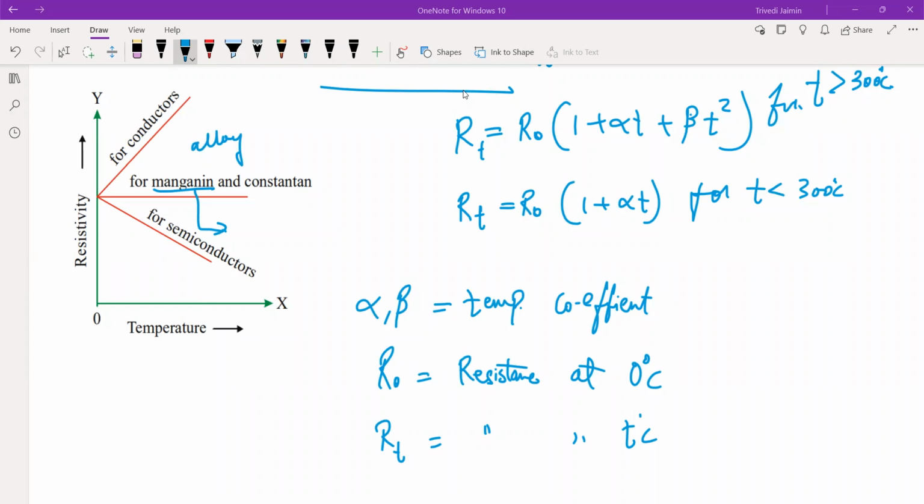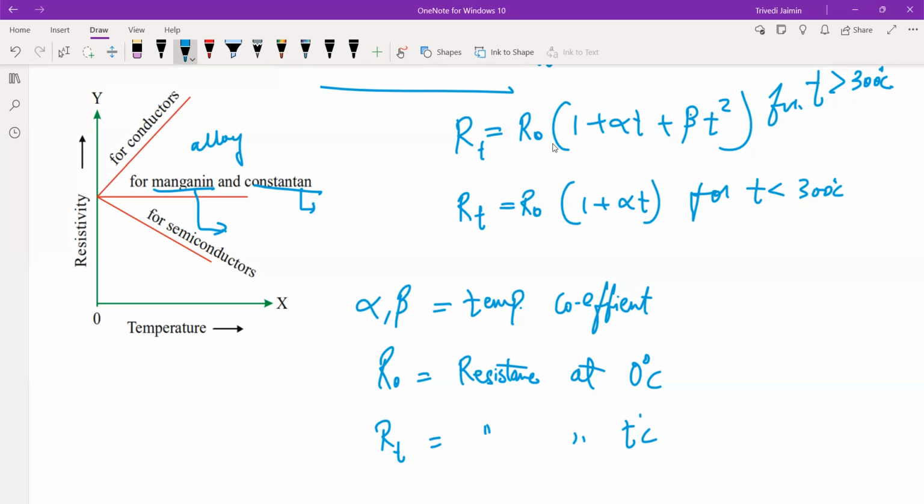Okay, not necessary you have to remember. But if you know, then you can get an idea of what they're trying to say.